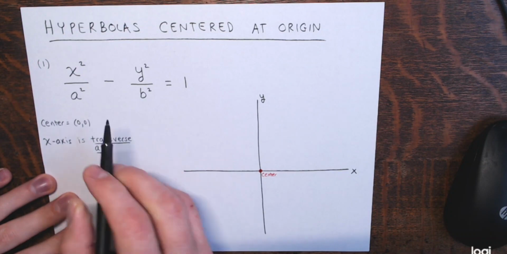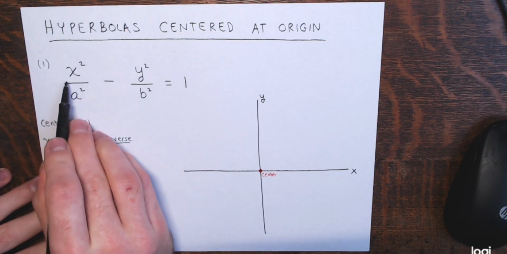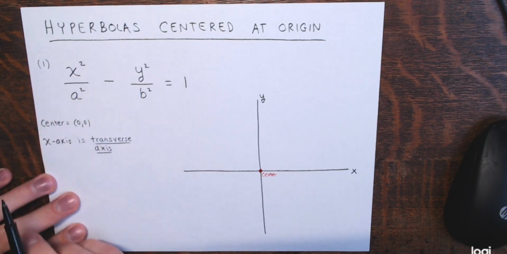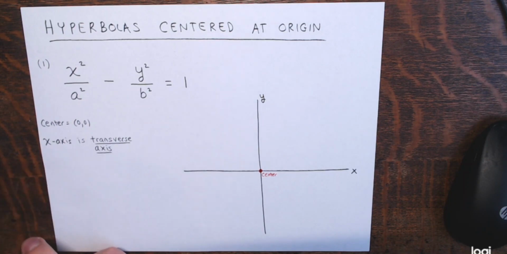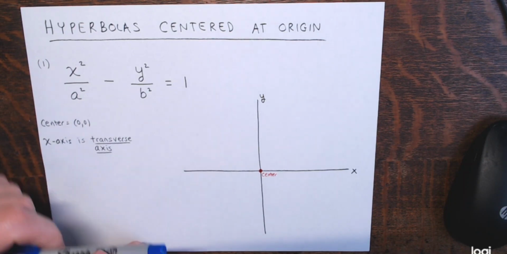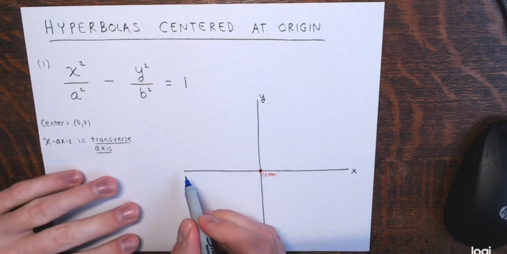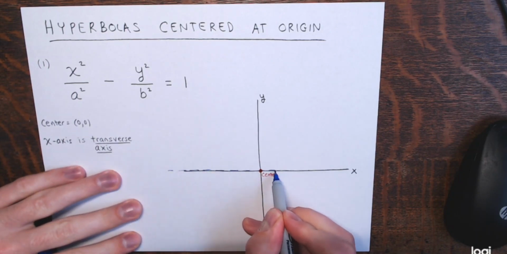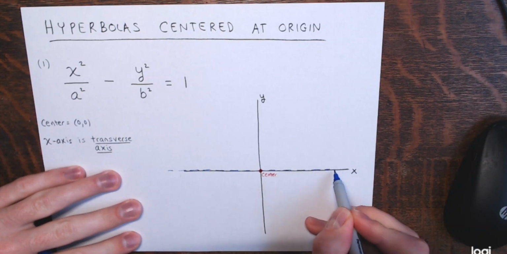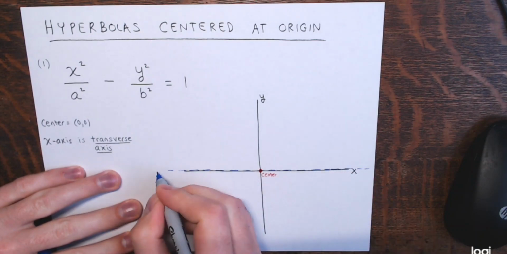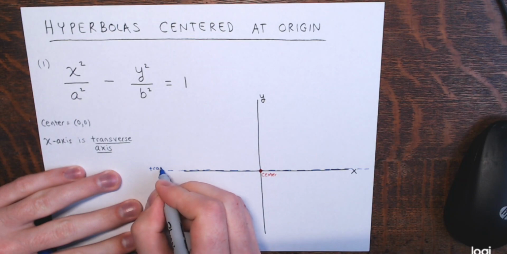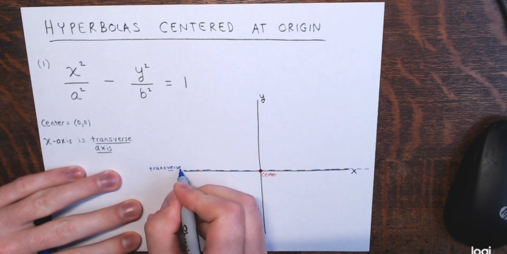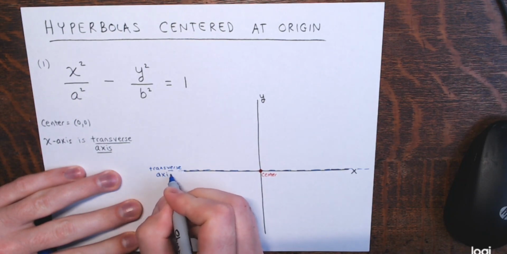All right, and again, that's if x is the positive term and y is the negative term. So I'll indicate that here with like a dotted line. All right, again, this is not actually on the graph, right? A dotted line. All right, this is the, again, what's going to be called the transverse axis. Right.